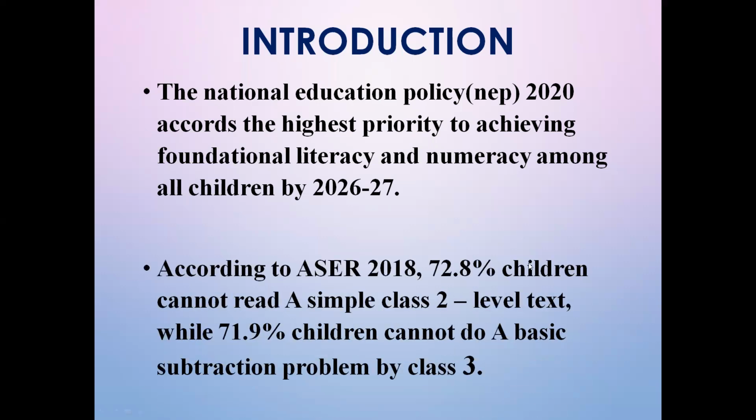So according to the Annual Status of Education Report 2018, 72.8% of children cannot read a simple class 2 level text. Even 71.9% of children cannot do a basic subtraction problem by class 3.